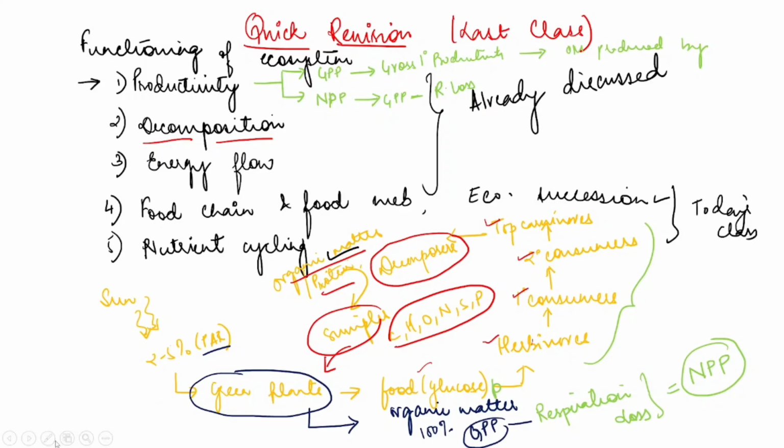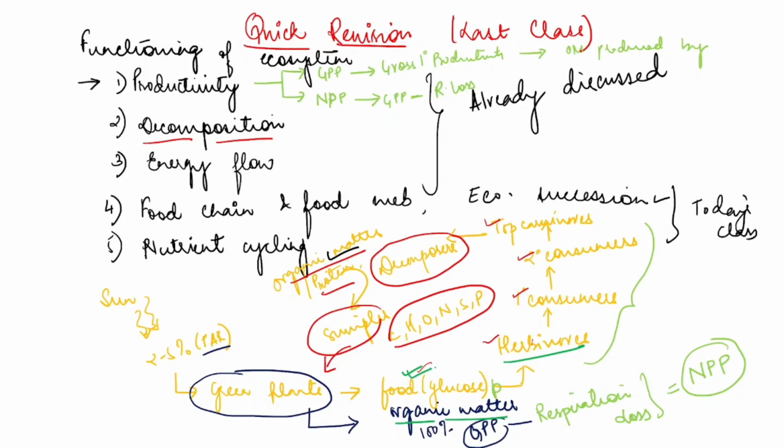Now if we discuss energy flow, what is energy flow? Green plants produce food, organic matter, which we call gross primary productivity. The entire living organisms on earth are dependent on the green plants for food. So herbivores take energy from food.